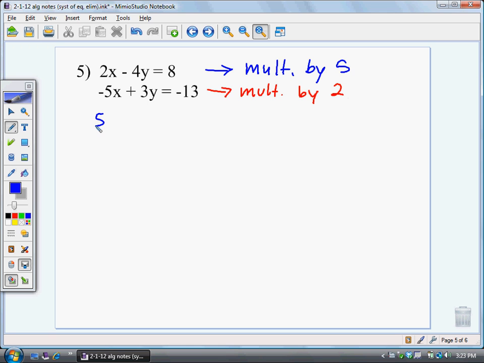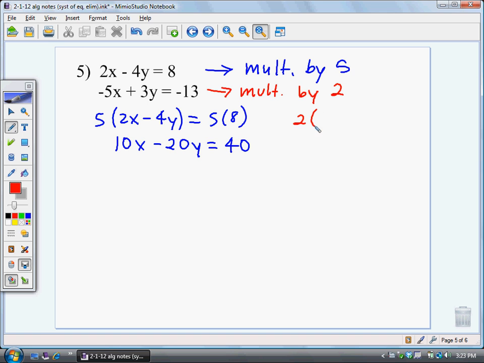Multiply the top equation by 5. Remember to multiply both sides by 5. And that would be 10x minus 20y equals 40. The second one, multiply it by 2.